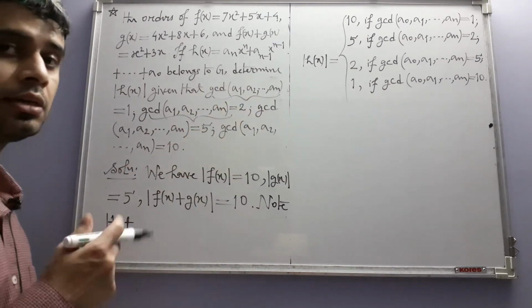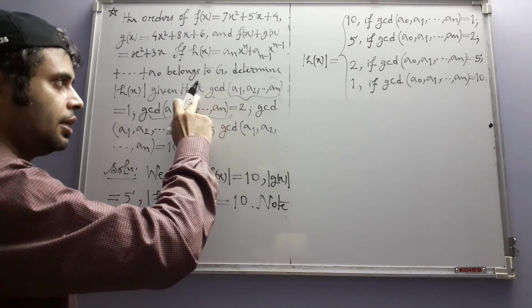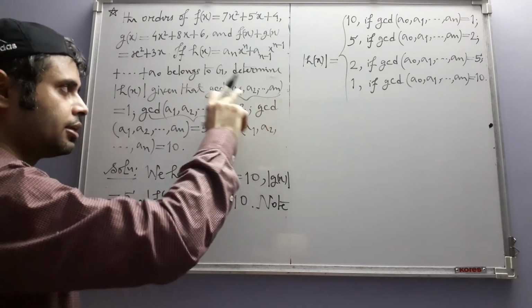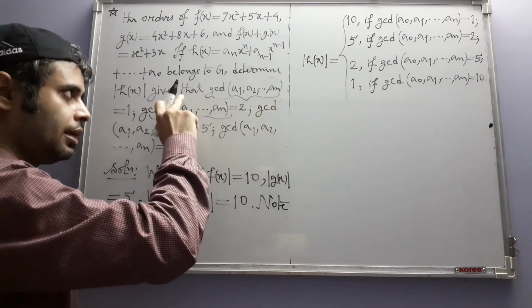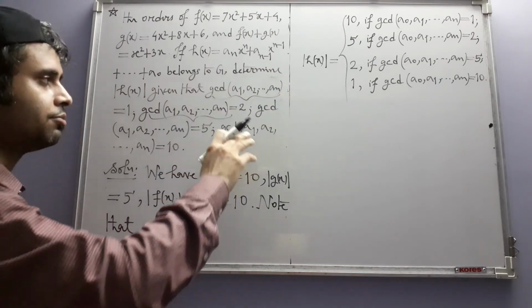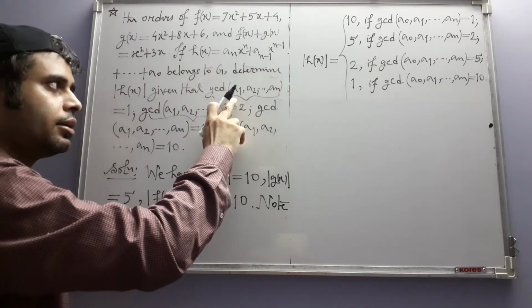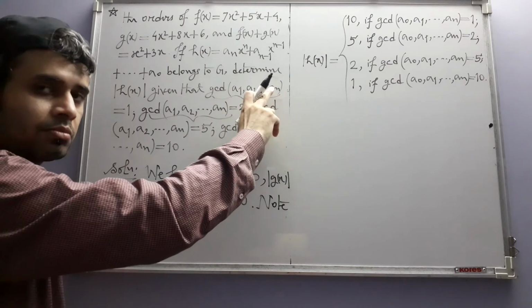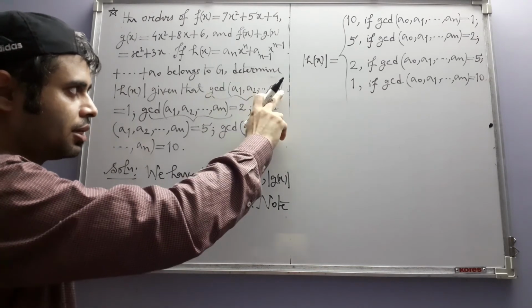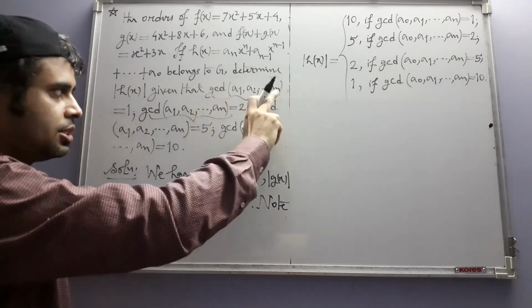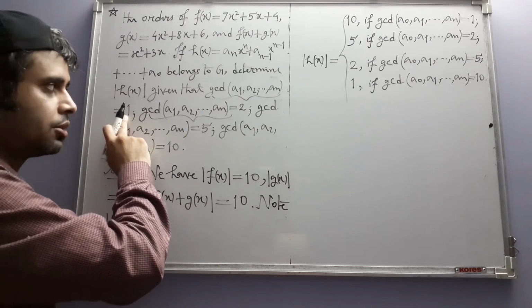It cannot be anything more than 1, because if any integer greater than 1 divides a0, a1, a2, etc., all of them, then that integer in particular will divide the ones starting from a1 also. So the GCD in that case cannot be equal to 1.